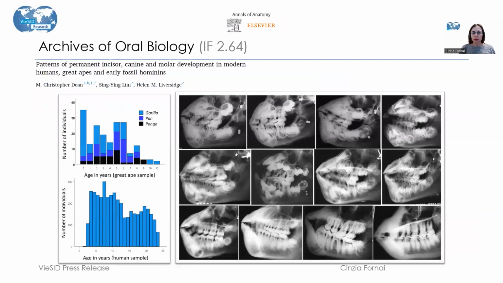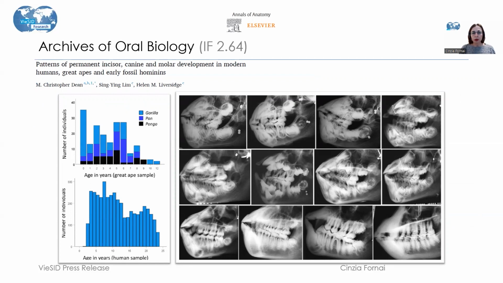In the archives of oral biology, Dean et al. explored times of dental crown formation and eruption in humans compared to great apes, including gorillas, chimpanzees, and orangutans. The evolutionary history of living great apes has been independent from that of humans for millions of years.